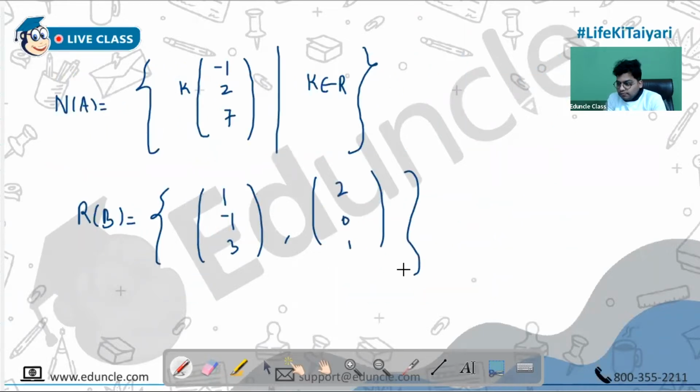So now can you tell me what are the common vectors? Are you understanding me? Infinitely many vectors are generated in the null space of A and infinitely many vectors in the range space of B. So what is the answer?